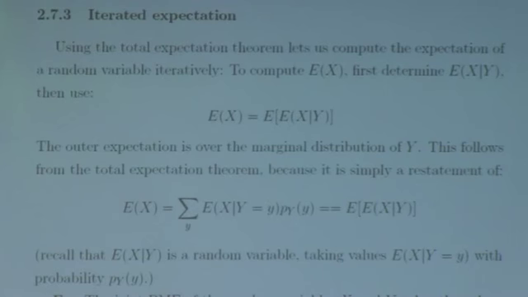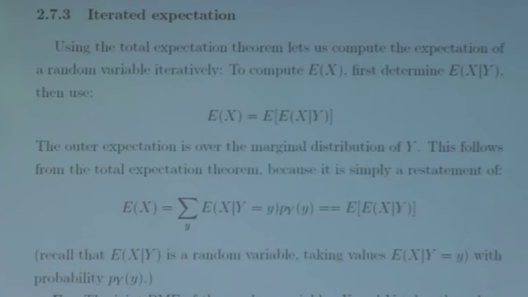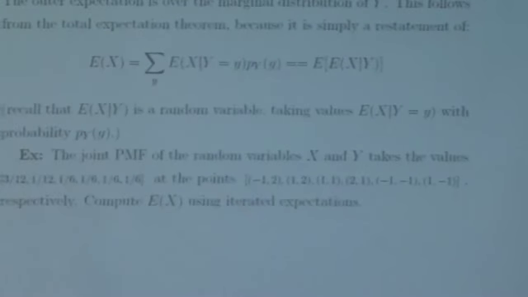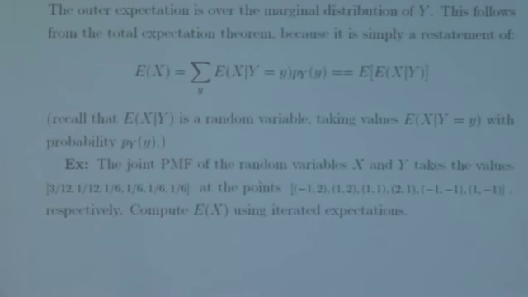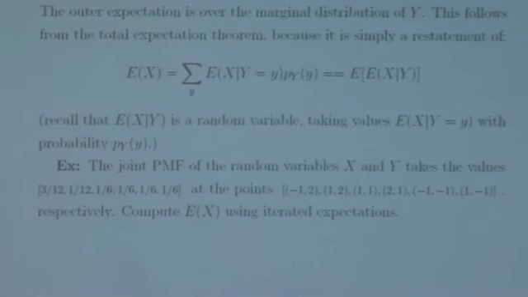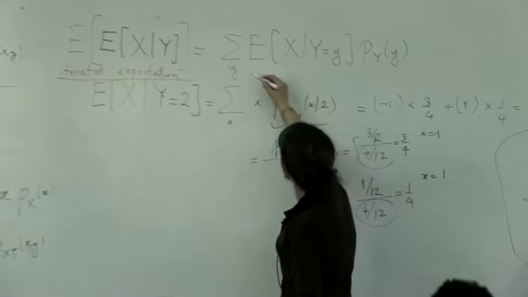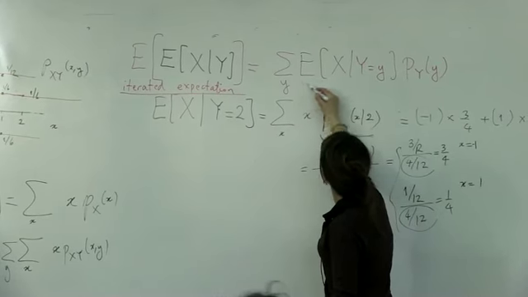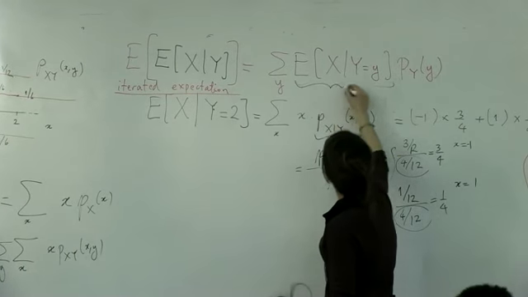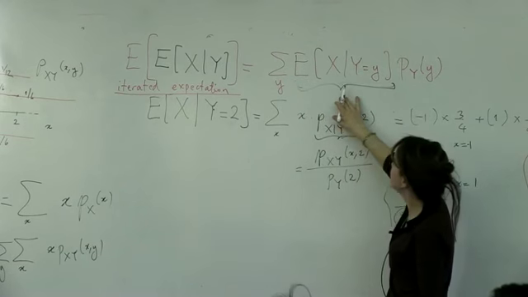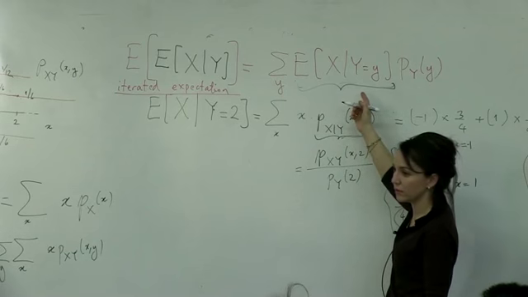Let's make it concrete by continuing our example. So far we have found expected x given y. According to what we just observed, I wrote this expression, and do you notice that this is a random variable?